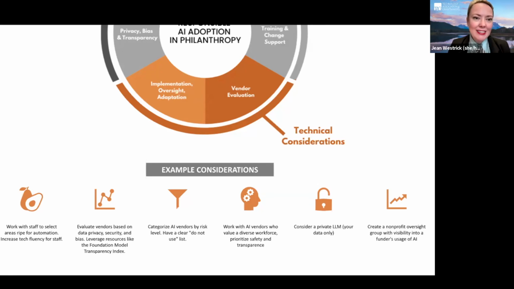That's a really good place to start, as opposed to something that is really core to your mission. That'll be a good place to experiment and understand what the edges are, and also to increase the tech fluency within your staff. With all of these tools, there is a learning curve in order to use them.